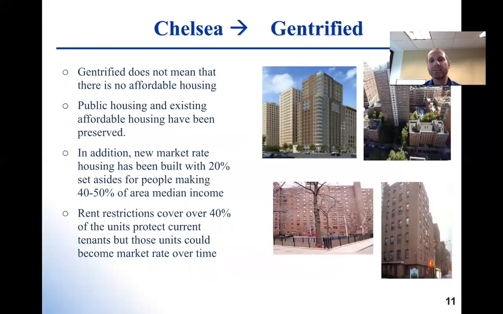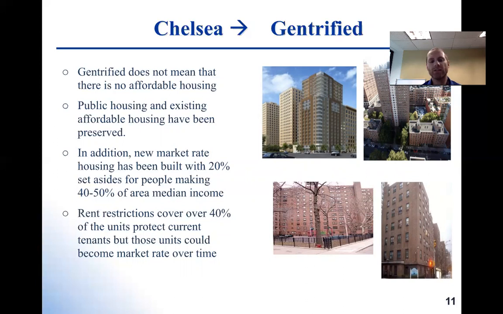And if we consider some of the complaints about areas that have become fully gentrified, one of the major issues is that there's just not enough affordable housing, or that all the public housing projects have been torn down and replaced with market demand housing. But that's not necessarily the case. So in Chelsea, for instance, there is still public housing and affordable housing that has been preserved through rent regulations.